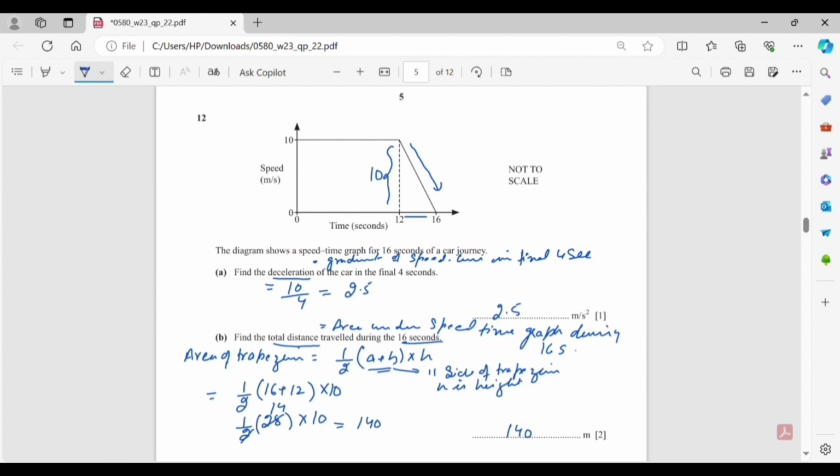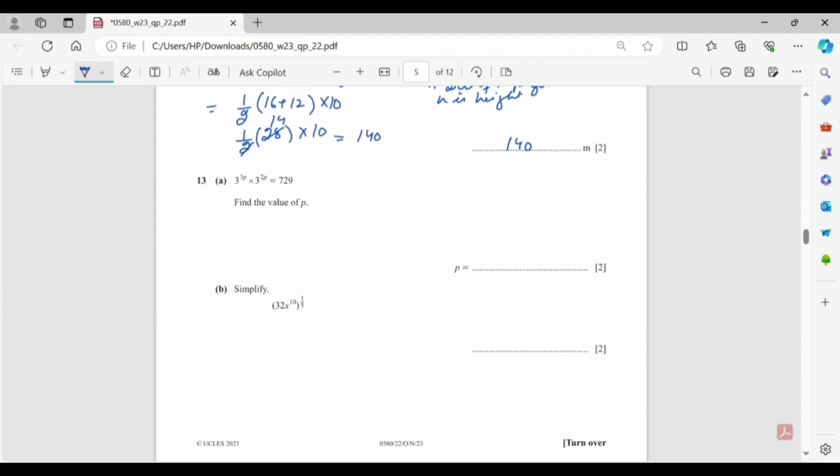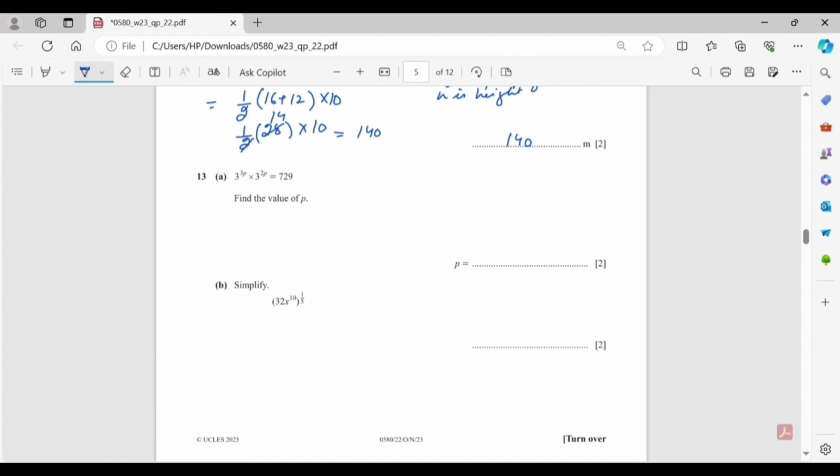Next, question number 13. We will use the law of indices. So 3 raised to the power 3p plus 2p will be equal to 3 raised to the power 6.